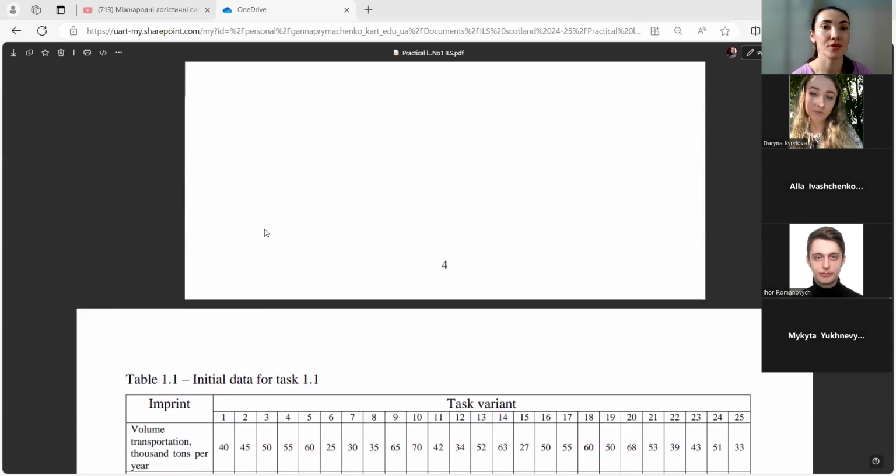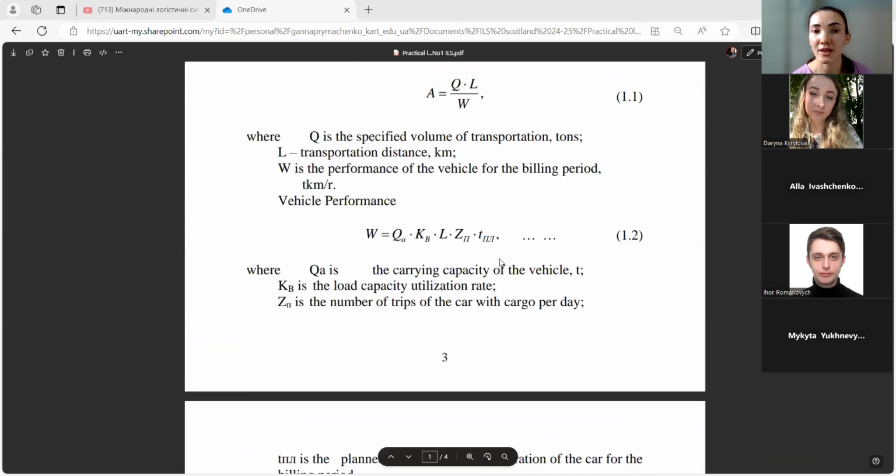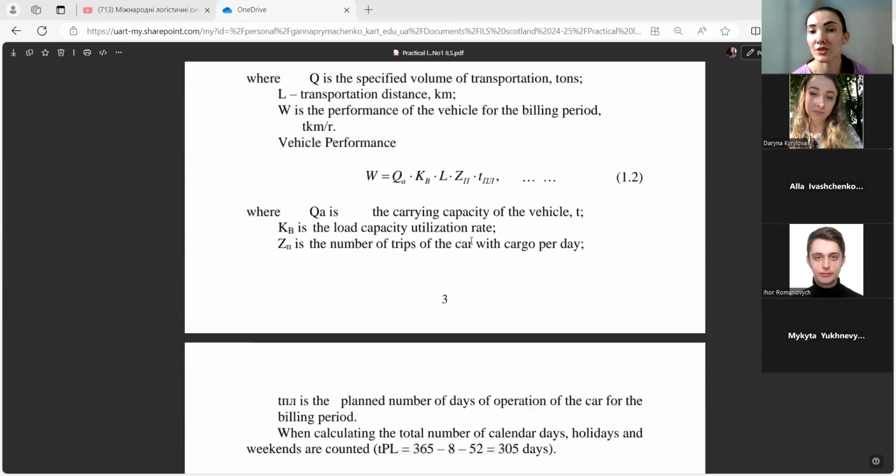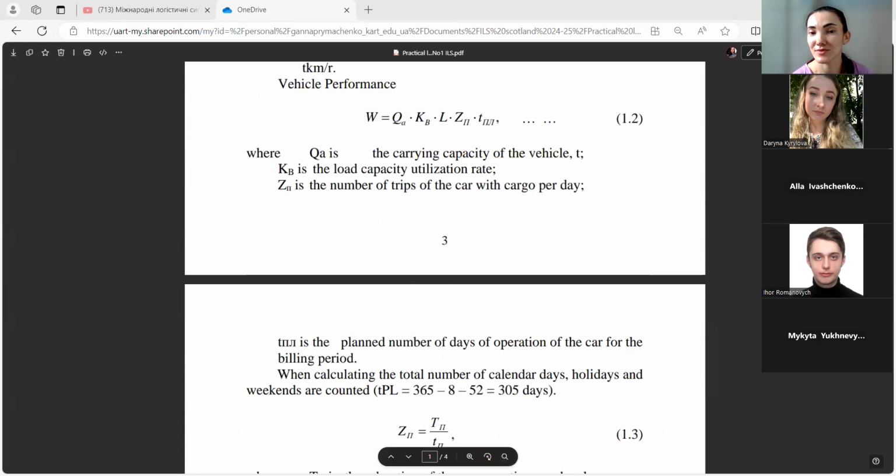Yes, we find it, I think. And the next, it is Z with index special. We decided it as formula 1.3. But you may be not so careful all time.